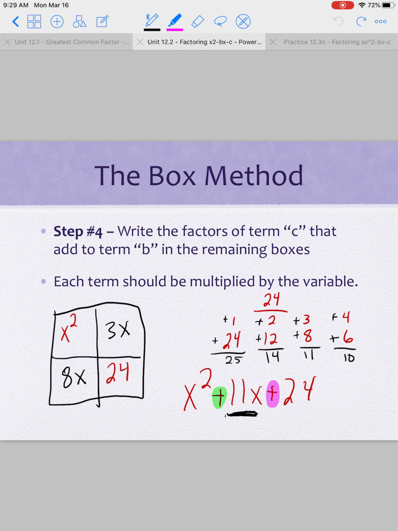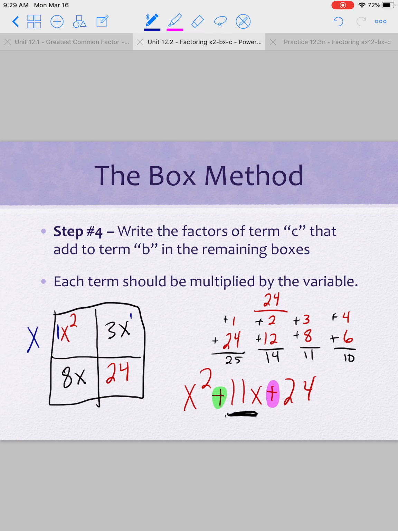So let's do x squared and 3x. The greatest common factor of x squared and 3x. Numerically, I know there's a 1 right here. Well, the greatest common factor of 1 and 3 is 1. The greatest common factor of x squared and x, we always go with the smallest exponent, so in this case, it's just x.